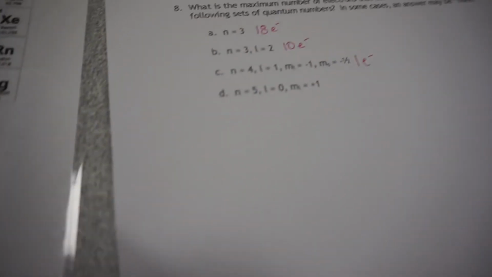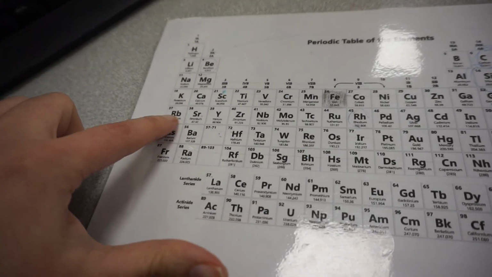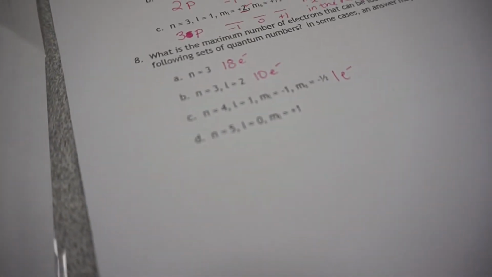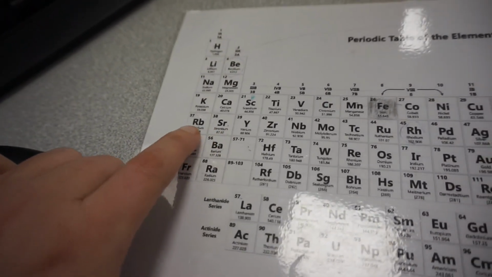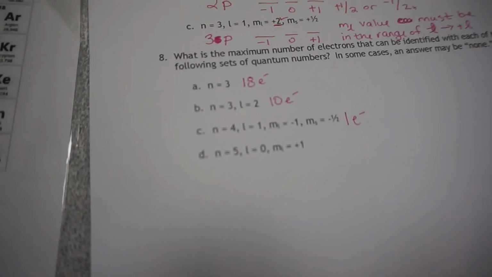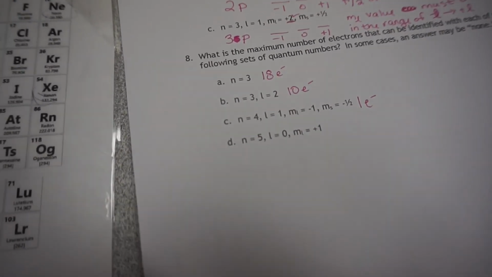Next, if we look here, N equals 5. So that's 1, 2, 3, 4, 5, okay? What does L equal? 0, so that's got to be in the S orbital, so it's just these two. So far we're down to 2. And now we're looking at M sub L equals +1.